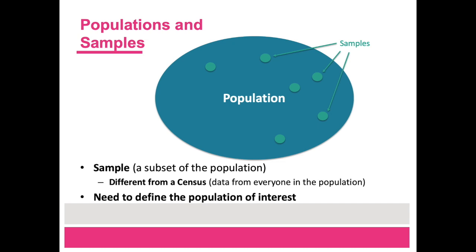So when we're thinking about getting a sample, the first thing we have to talk about is, what is our population of interest? Who do we actually care about? And we need to define that very clearly. This is where students can sometimes have problems, is they don't define their population very well. So you need to be very specific.